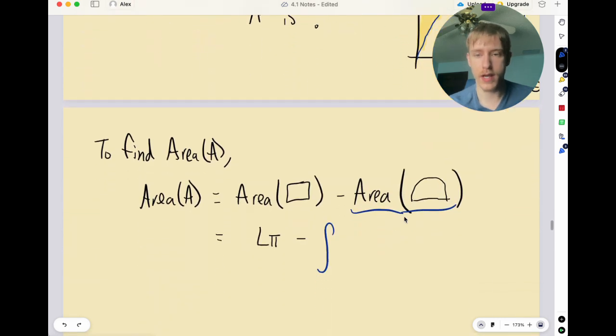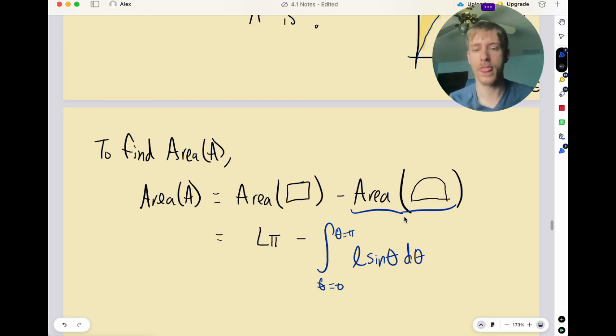Okay, so we're going to integrate from x equals 0, or yes, sorry, theta equals 0 to theta equals pi of L sine of theta d theta.